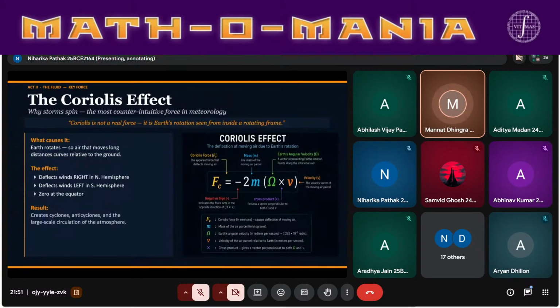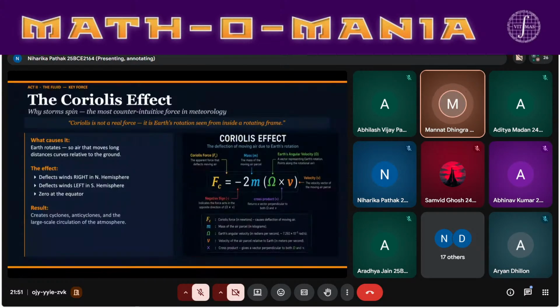So now let's talk about the Coriolis effect. Some of you might have heard what the Coriolis effect is, and some of you might not have heard. So it's fine. I'll be explaining it properly. Using these three laws that I told about, we can describe motion, mass, and energy. But in this Coriolis effect, there's one complication, that the Earth is rotating.